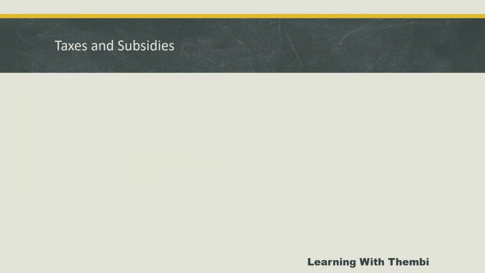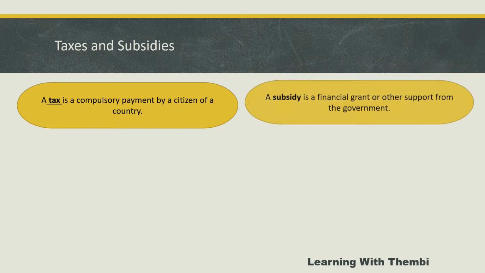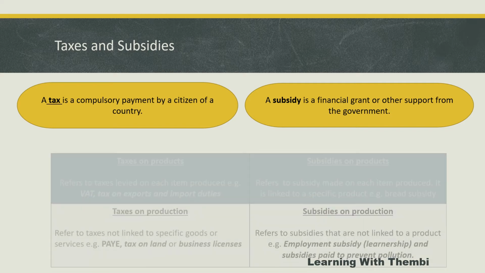Now that we have mentioned taxes and subsidies, maybe we shall get down to explaining what they are. A tax is a compulsory payment which is imposed to citizens by the country or by the government, whereas the subsidy, on the other hand, is a financial grant or other support from the government.